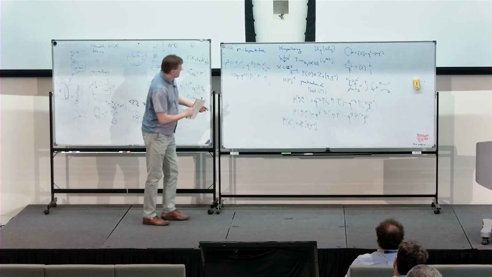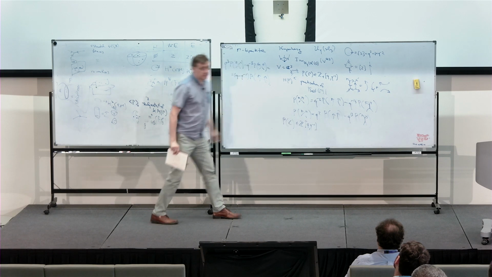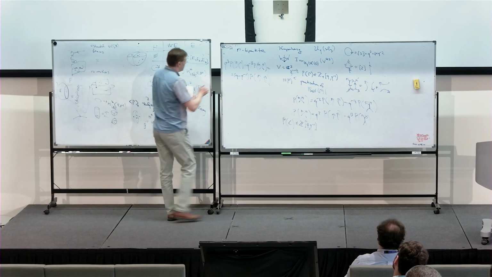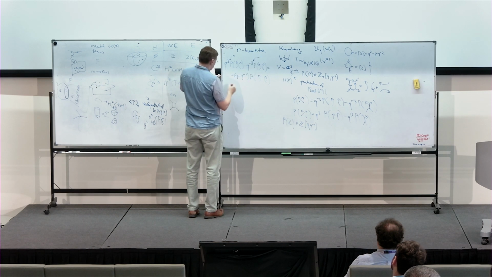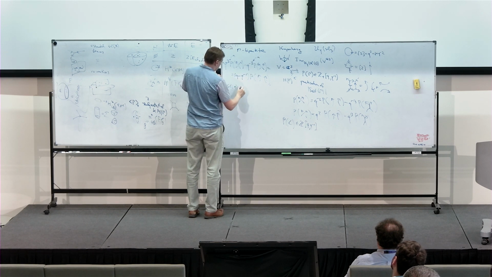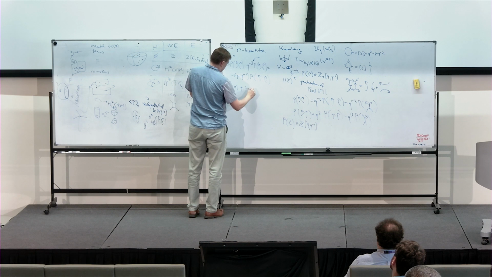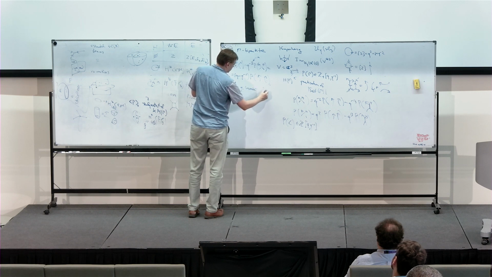So you can check that this relation follows from these relations. And if you replace q cubed by n, you get the SLN quantum invariant of Reshetikhin and Turaev.